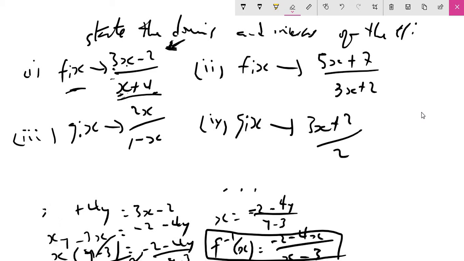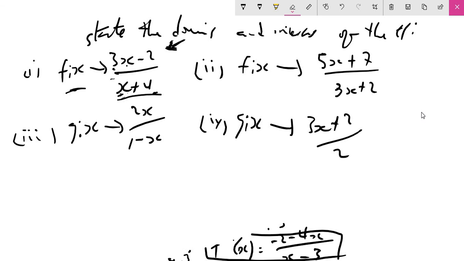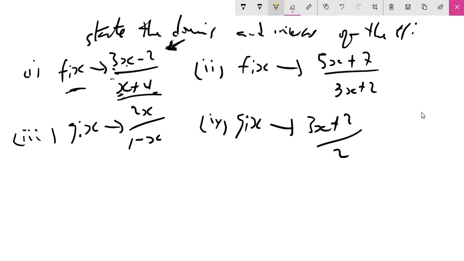Let's do that for the second question, and then, like I said, you try the others, and if you can give me feedback, that would be great. If you have questions and comments, you leave them below. So this time f of x is equal to (5x plus 7) divided by (3x plus 2). What value of x will make the denominator equal to 0?